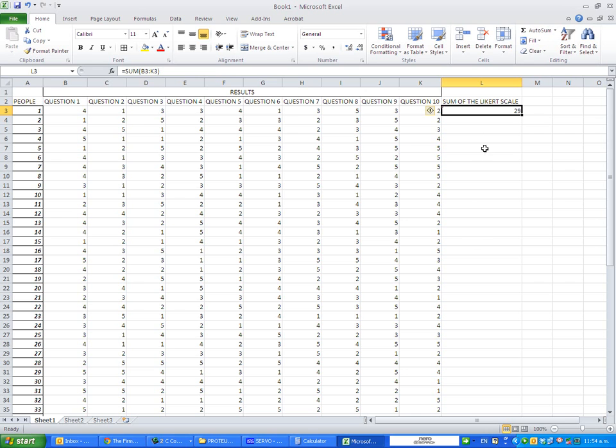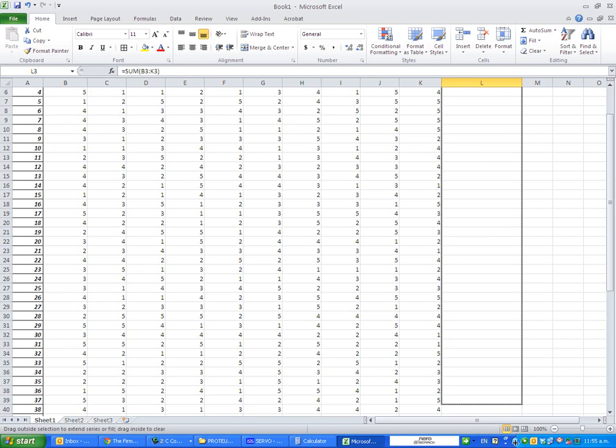Now we're going to do the same thing for all the other numbers. From the bottom right of the cell, there's a black cross, and we can just drag it down, and we're going to get all the other sums all the way to 60.